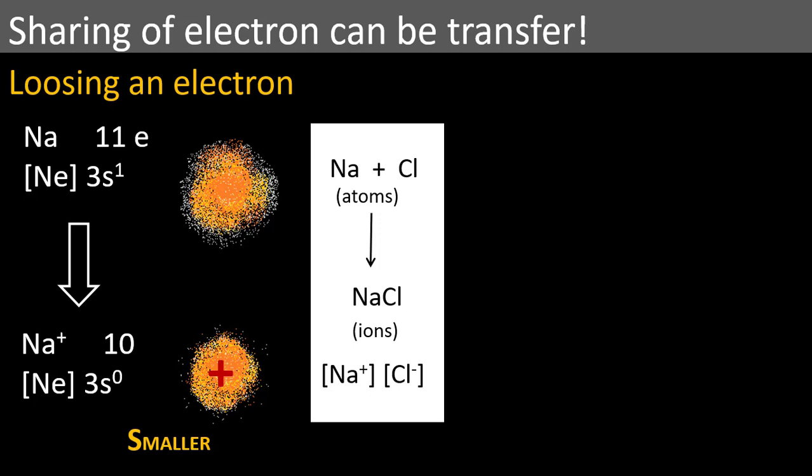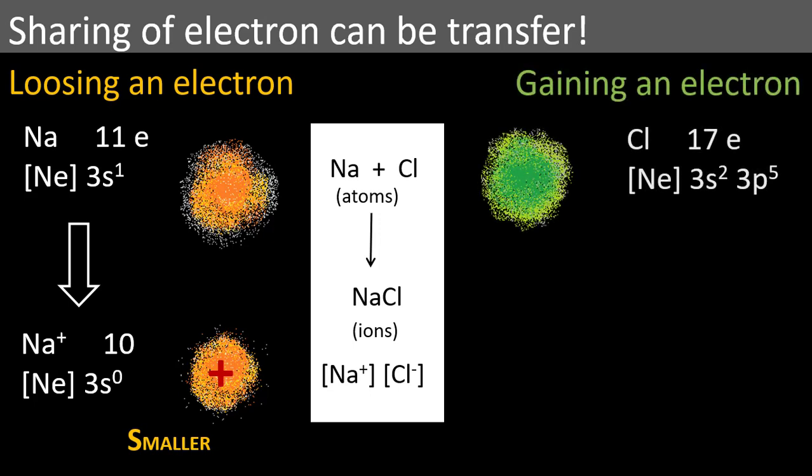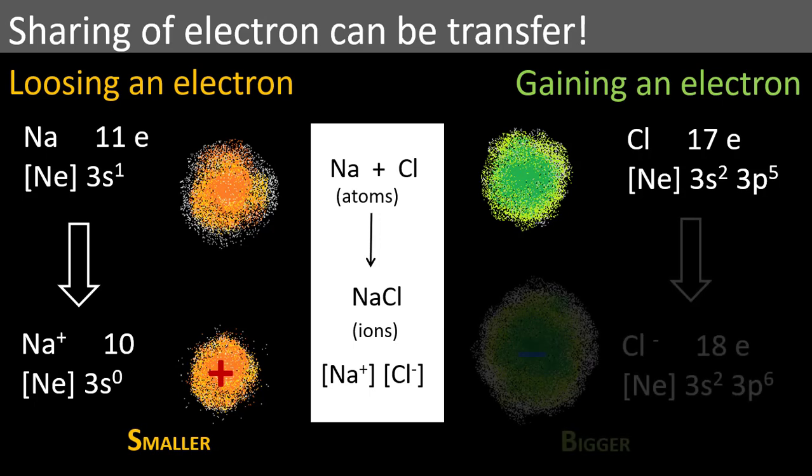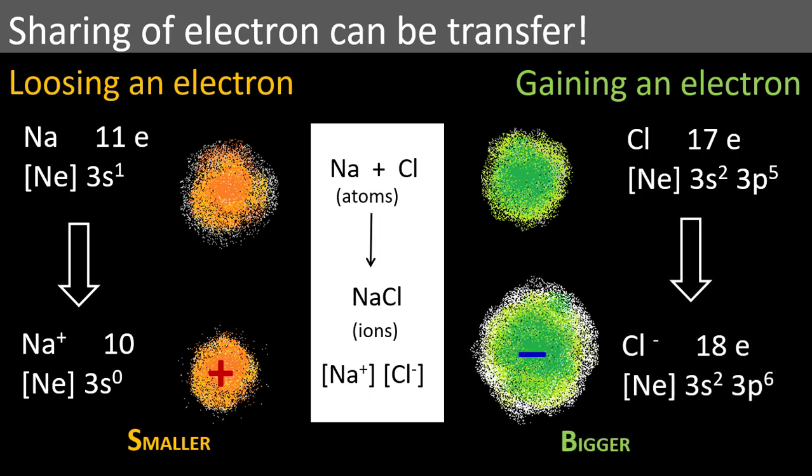On the other side, the neutral chlorine atom has a neon core of 10 electrons and 7 valence electrons in a 3s2 3p5 configuration. When it gains an electron to become a chloride ion, the atom expands, although this electron goes into an already occupied 3p orbital. Again, this is due to the increased number of repulsive electron-electron interactions.